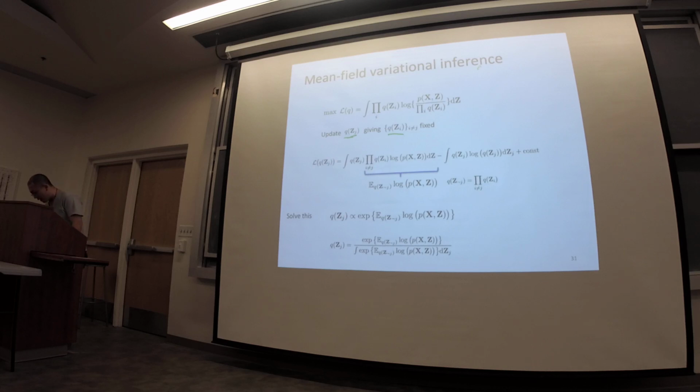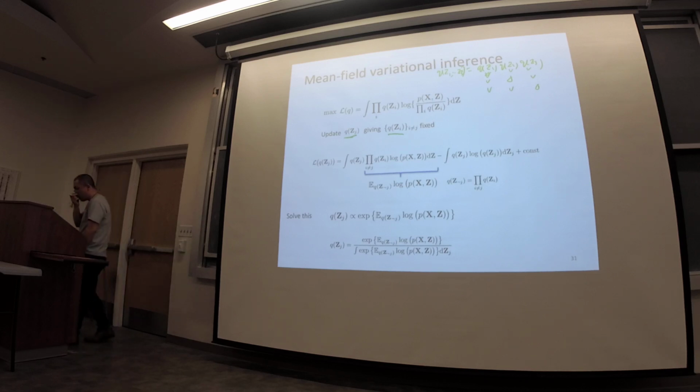Suppose I have Q of z1, Q of z2, and Q of z3, and their product forms the approximate posterior. Each time I first fix Q of z2 and Q of z3 and update Q of z1. Then I fix Q of z1 and Q of z3 and update Q of z2. Then I fix Q of z1 and Q of z2 and update Q of z3. I just do this cycle.